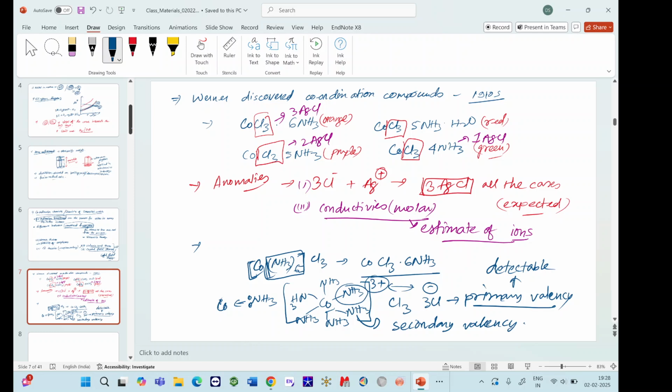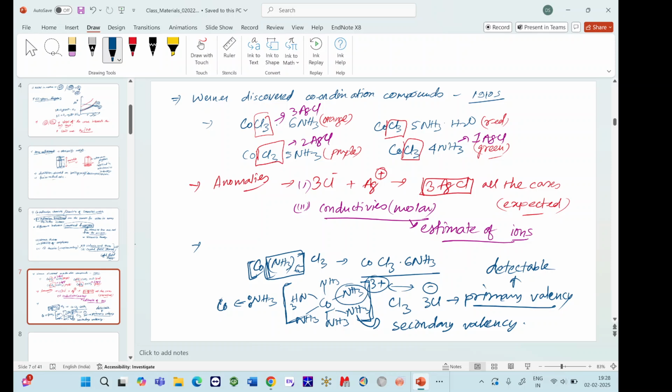So now when he proposed this model, after that all these anomalous measurements can be explained. So for this case, for 6NH3, you have 3Cl out of your coordination sphere. This is called coordination sphere. So this can be detectable, this can be replaced also. That is why you got 3 AgCl.